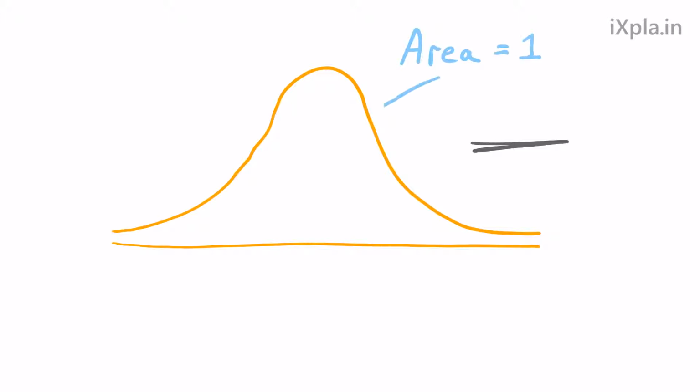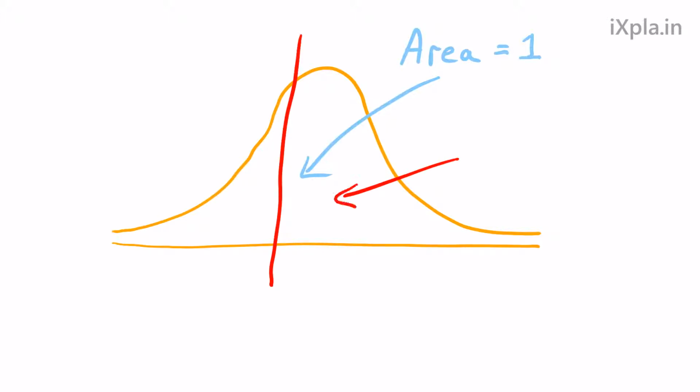Another important characteristic of the normal curve is that the area under the curve is equal to 1. So the entire area under the curve is equal to 1. So if I were to split the curve into two pieces, in this case the larger piece is on the right, so we're going to call that the body, and the smaller piece is over here on the left, and we're going to call that the tail.